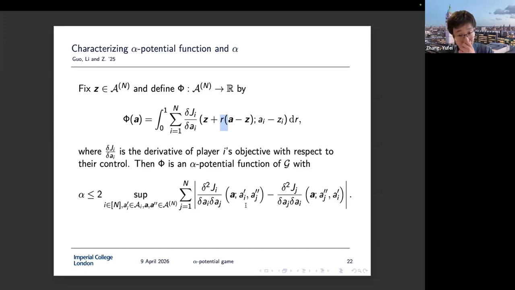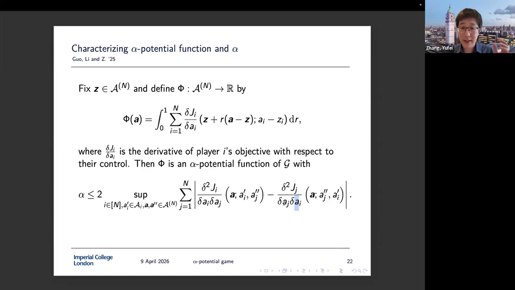Here I want to emphasize that this alpha depends only on the pairwise asymmetry of the derivative. For example, take me and Beatrice. In this case, I compute my own objective function with respect to the deviation of my own strategy and also Beatrice's strategy, and I compare to Beatrice's objective function with respect to my strategy perturbation and then Beatrice's strategy perturbation, and I look at the difference of this asymmetry term.